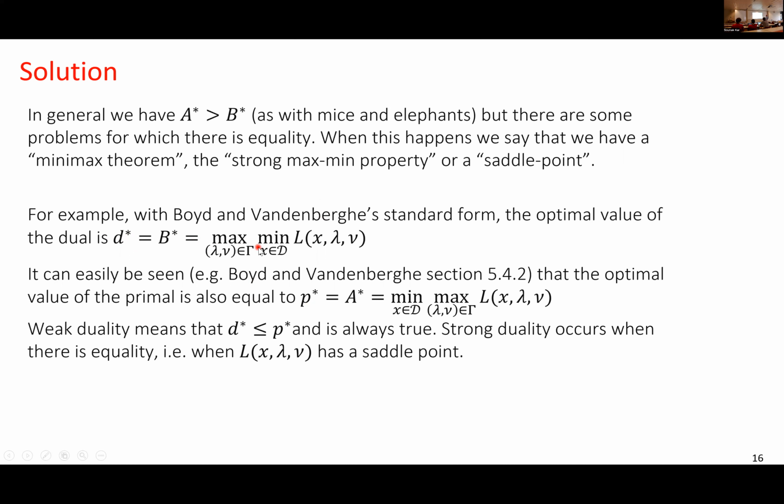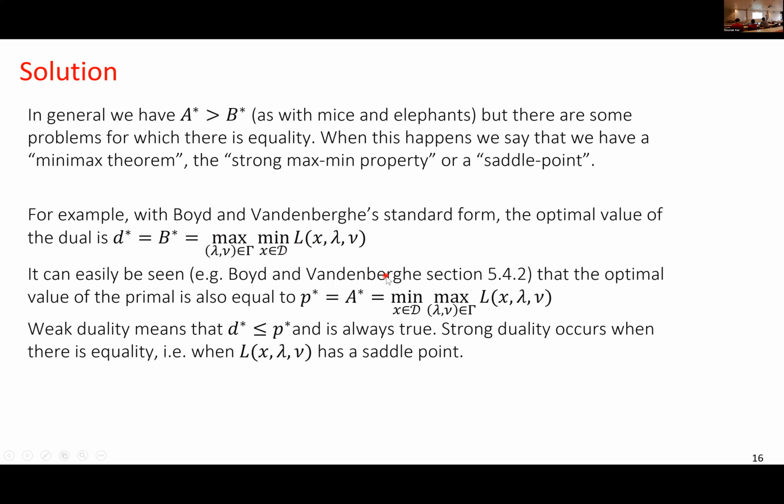The dual optimization problem, if you remember, was obtained by, for lambda and nu, maximizing the optimal value of the unconstrained problem, the Lagrangian. So we can write this in the form: we take the max over the Lagrange multiplier of the min over the optimization variable of the Lagrangian.